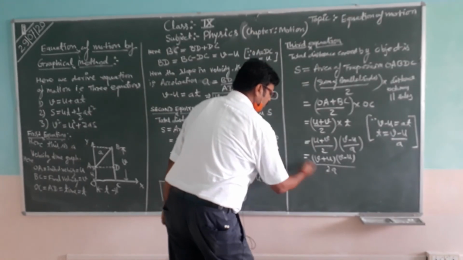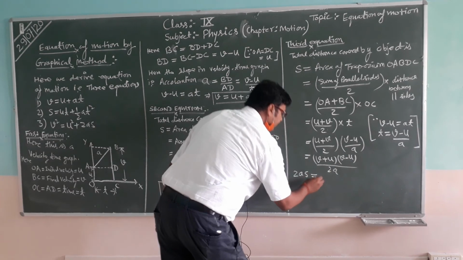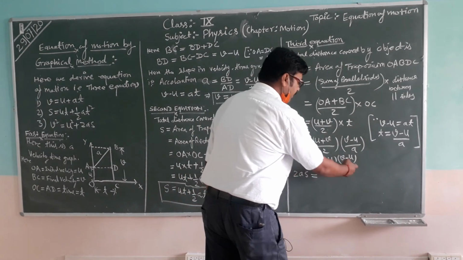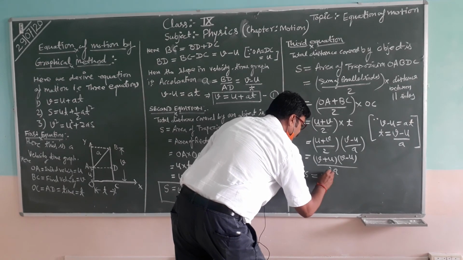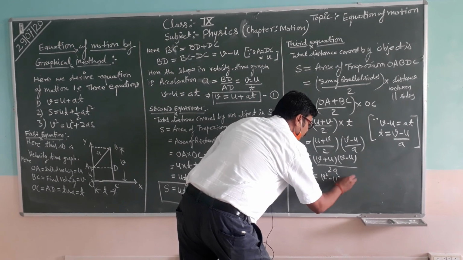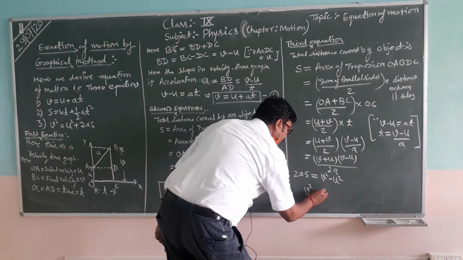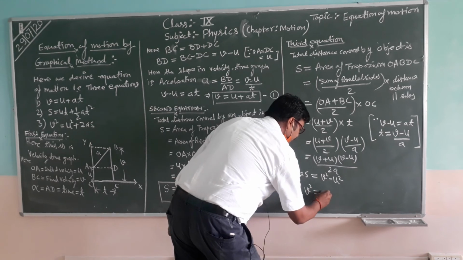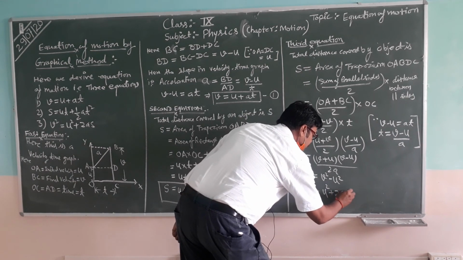So by cross multiplication we get 2AS equals a plus b times a minus b, that is a square minus b square. So here V square minus U square, and finally you get V square equals U square plus 2AS.